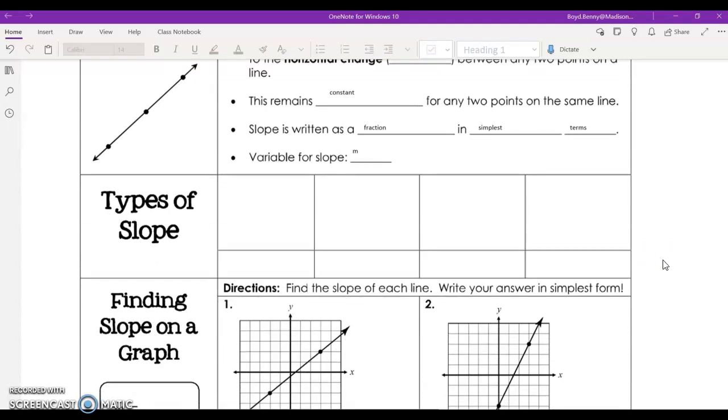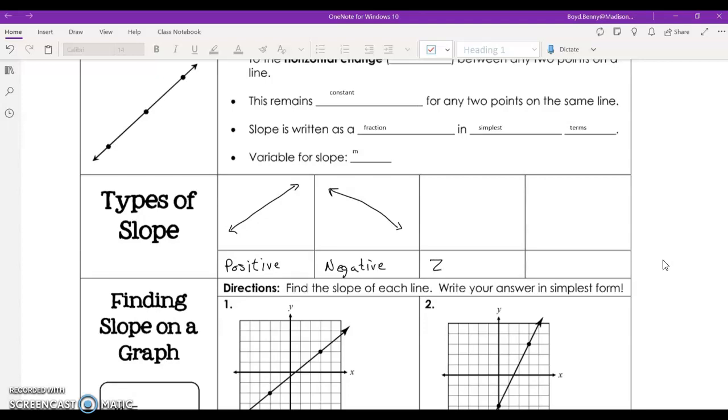The first slope is positive, and positive rises from left to right. So conversely, a negative slope would go down from left to right.